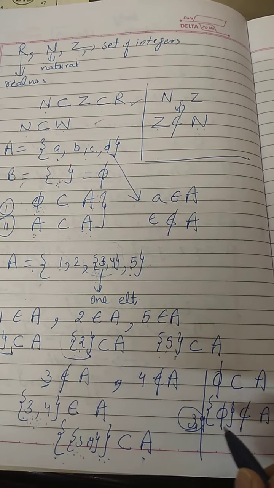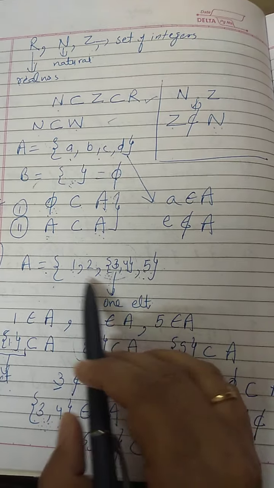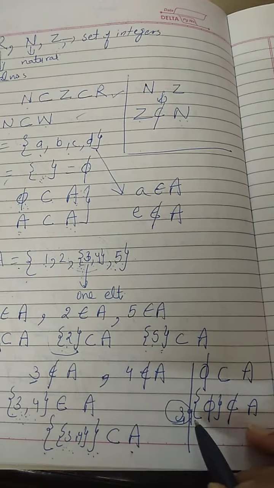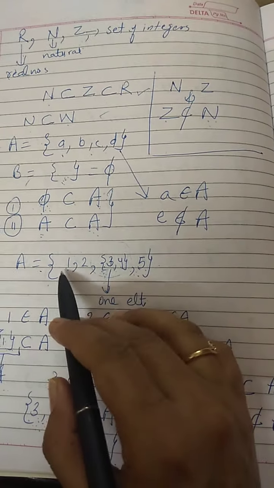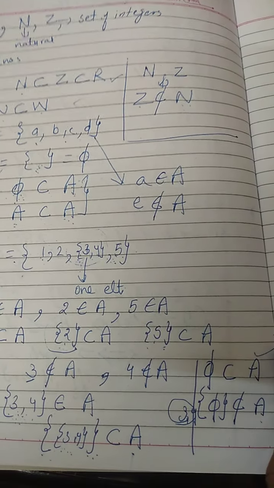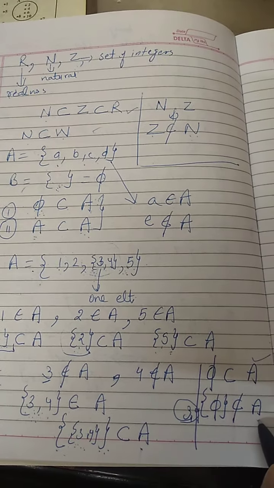Because phi is not given here as an element. If they had given phi as an element, then this would have become a subset of A. But since there is no phi written as such, phi is a subset of A, but phi within curly braces is not a subset of A. Clear?